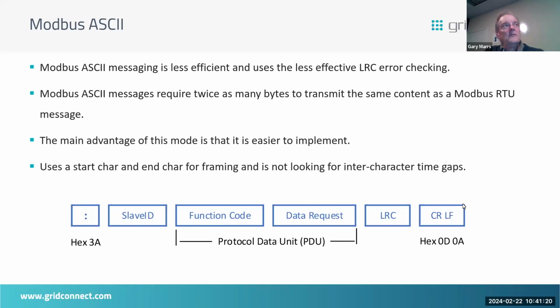So it's way more tolerant of delays on the serial line. If it's a slower serial network, most likely you'll see Modbus ASCII being used. But the disadvantage of Modbus ASCII is there are twice as many characters for the same message as Modbus RTU.